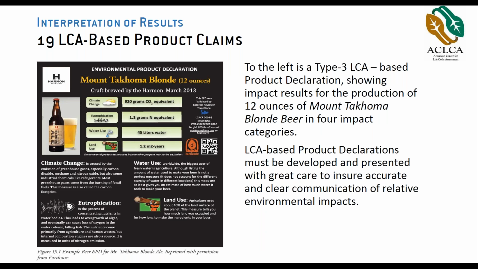That's being driven by a lot of different things, but certainly in the building and construction industry, by the U.S. Green Building Council. This is an example of an environmental product declaration for beer that my organization produced, and it's quite exciting to me that we can finally get a whole bunch of the facts together, since that's the mission of my organization.